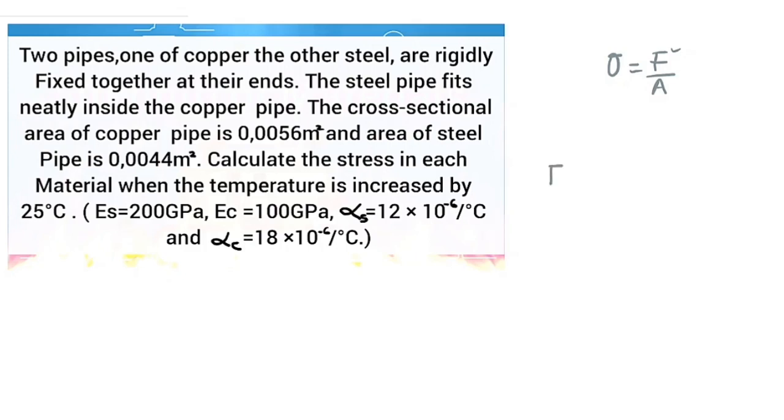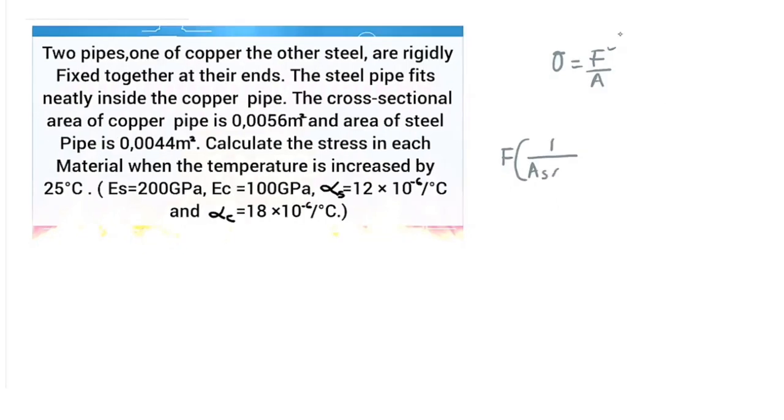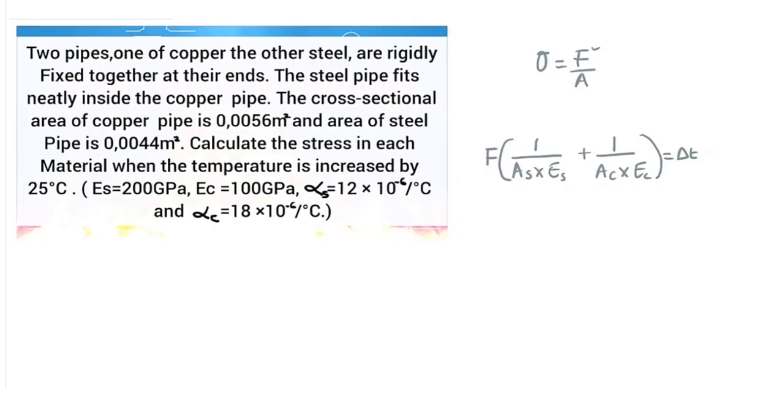So F is equal to, open the bracket, 1 divided by the area of the steel pipe times the Young modulus of the steel pipe, plus 1 divided by the area of the copper times the Young modulus of the copper, close bracket, equal to the change in temperature, open bracket, the coefficient of the copper minus the coefficient of the steel, close bracket.